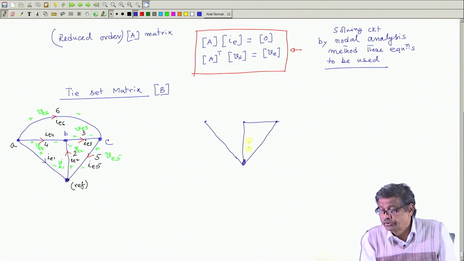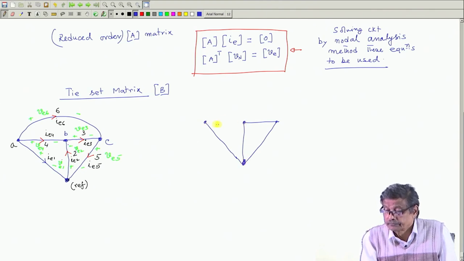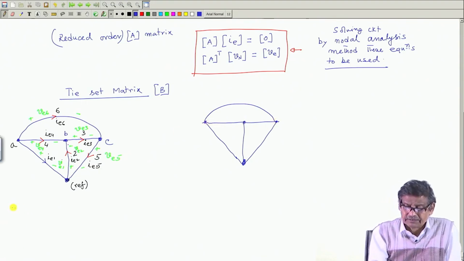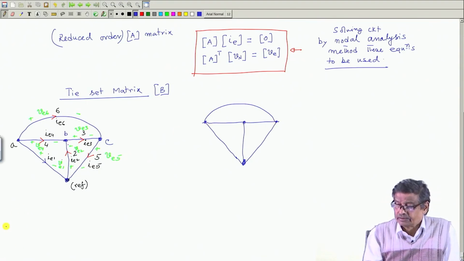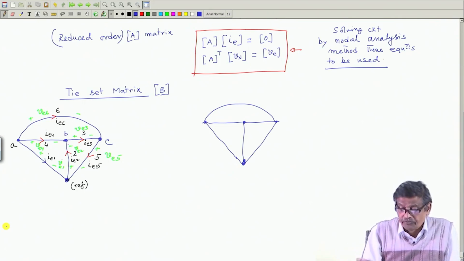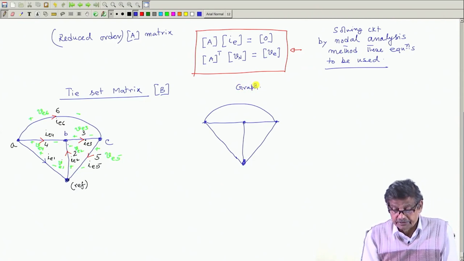There were 4 nodes. I do not want to put all these variable names here to understand what a tree is of a graph. So, this is the graph of the network and it was a directed graph.